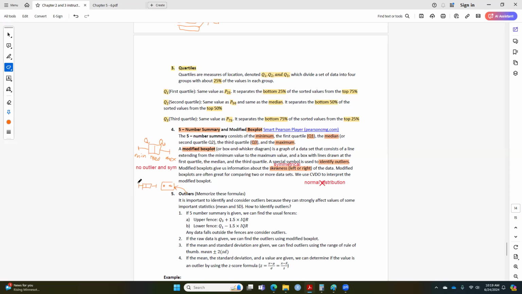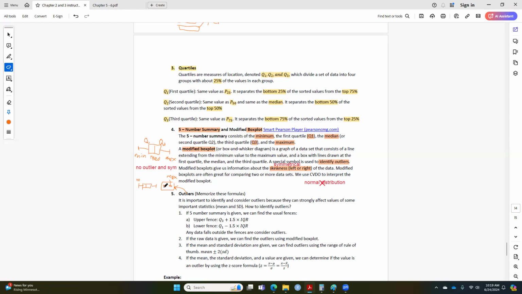Your minimum is still on the very far left. The box is always your first quartile, your median, and your third quartile. However, if you have an outlier, your maximum is the very last number, the outlier on the far right.